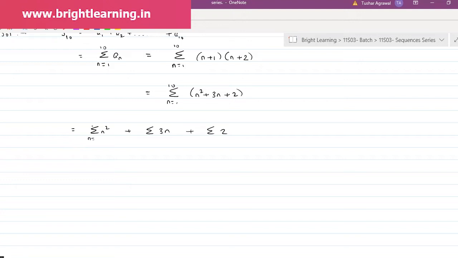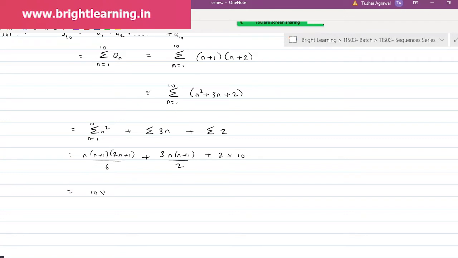Then you can write the formula: n(n plus 1)(2n plus 1) upon 6. For the summation of 3n, 3 will come out common. Summation of n is the sum of first n natural numbers, n(n plus 1) upon 2, and the summation of 2 is 2 multiplied by 10, when we have substituted 10 everywhere. Yes or no?